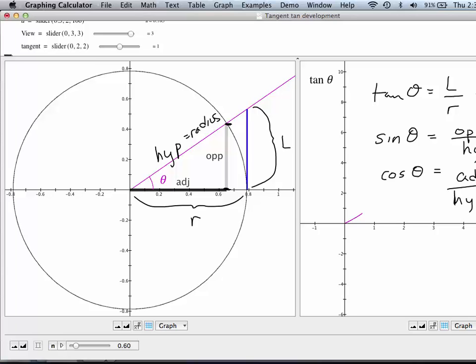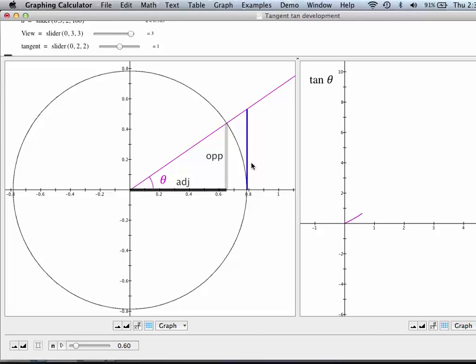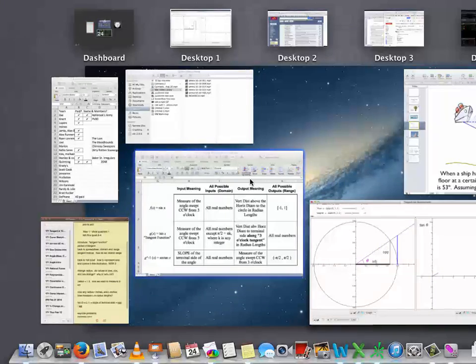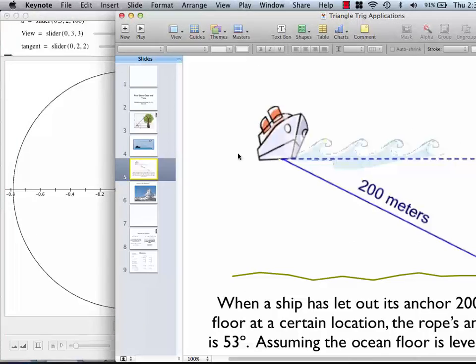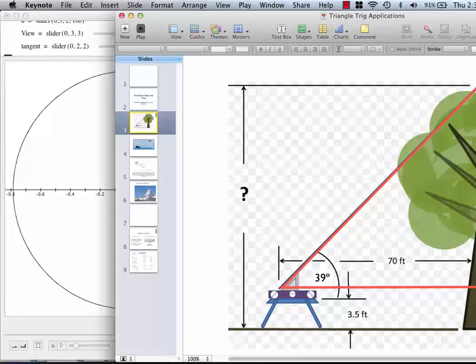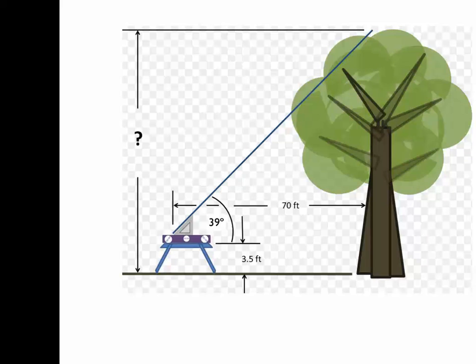Any questions before we do some examples? Okay. So here's an example, and this is totally realistic. You're going to find the height of a tree, and you can use this instrument that will measure the angle, what's called the angle of elevation.